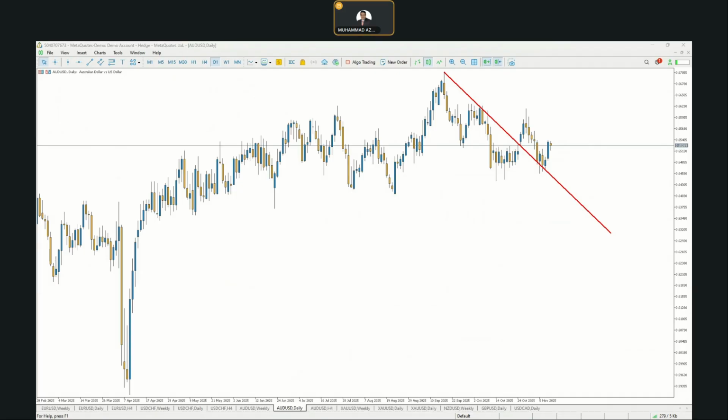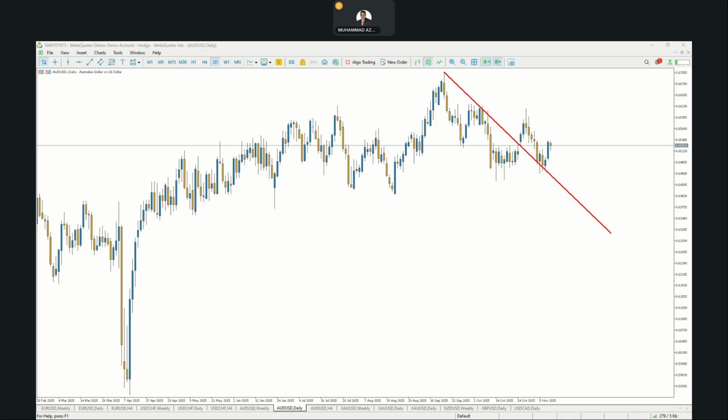Conversely, if the rate rises above 4.5%, it would signal a cooling labor market, potentially weakening the Australian dollar against the United States dollar, as expectations for Reserve Bank of Australia easing increase.